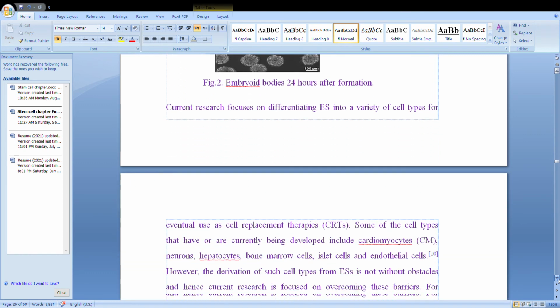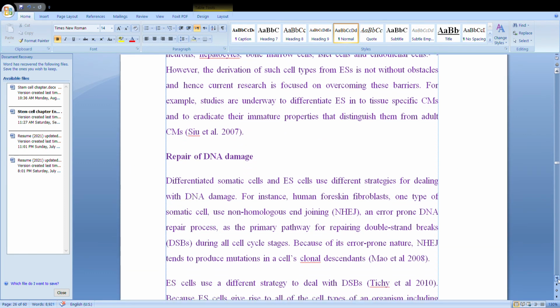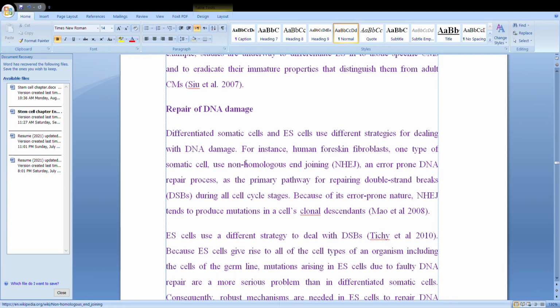Regarding repair of DNA damage, differentiated somatic stem cells and ES cells, embryonic stem cells, use different strategies for dealing with DNA damage. Sometimes when muscle is damaged, the DNA is also damaged.